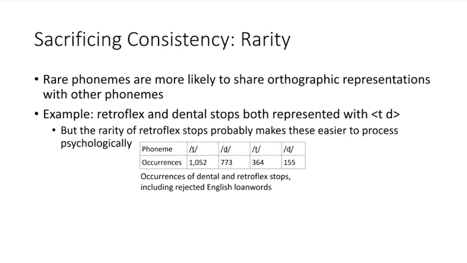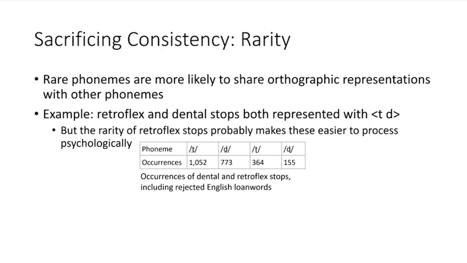This is not really a psycholinguistic paper, but we can speculate that the processing is easier. There is sort of less ambiguity created when one of the sets of phonemes is rare, and that means that you don't have to select a whole new set of graphemes to represent these additional phonemes.